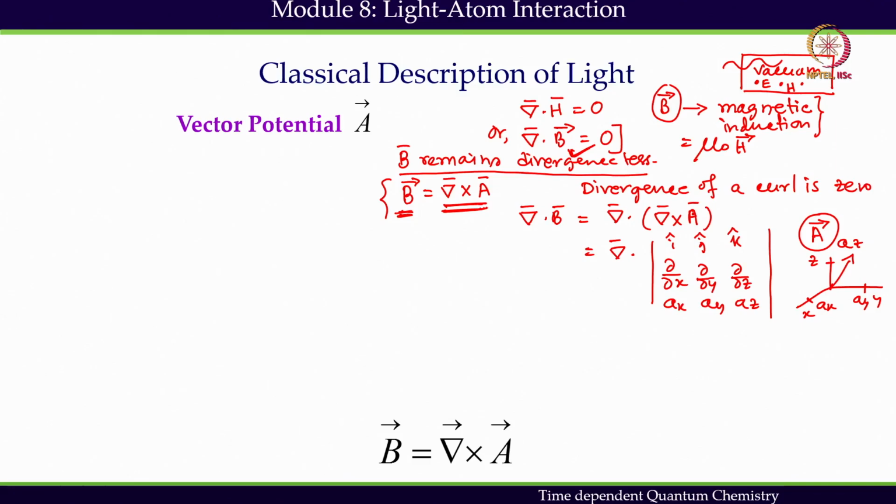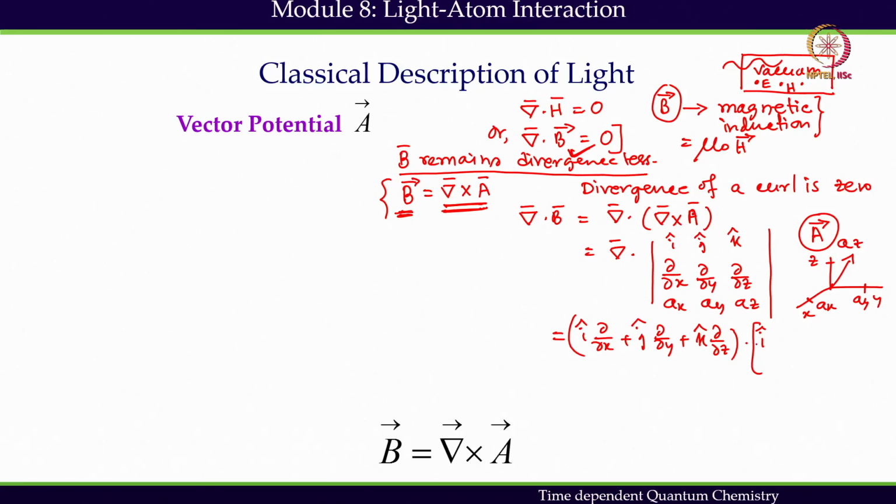Now, if I explicitly do this, then this is a del operator. So, I will write down its explicit form. It is a vector differential operator, and then it is going to be a dot product with this one, and this part, this determinant can be written in the following way.